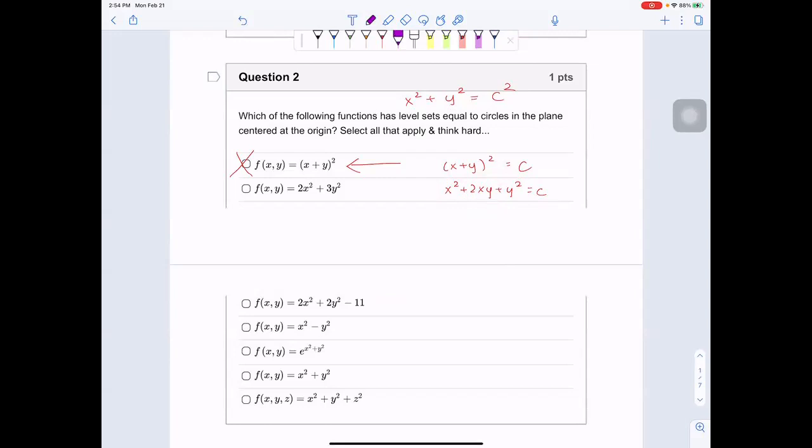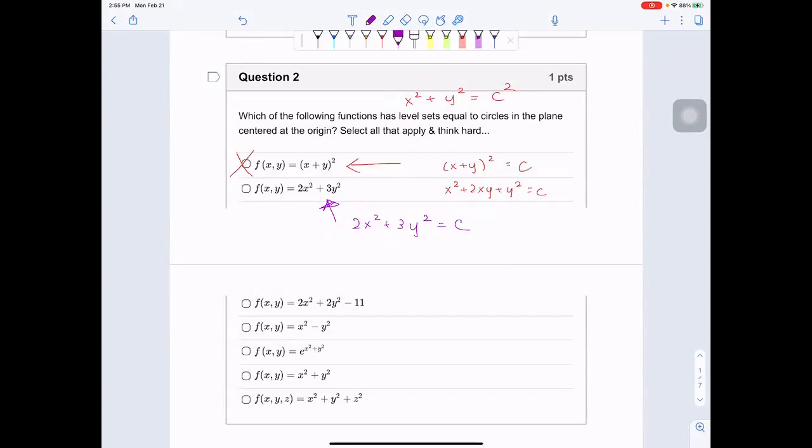No, let's try this one next, I guess. You take your function and set it equal to c. But you can notice again that this is not going to be an equation of a circle, because a circle should have the same coefficients out here.